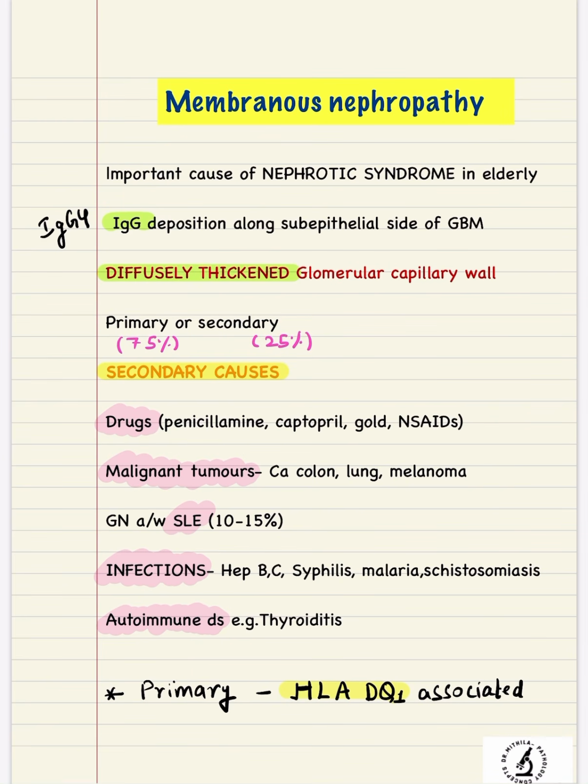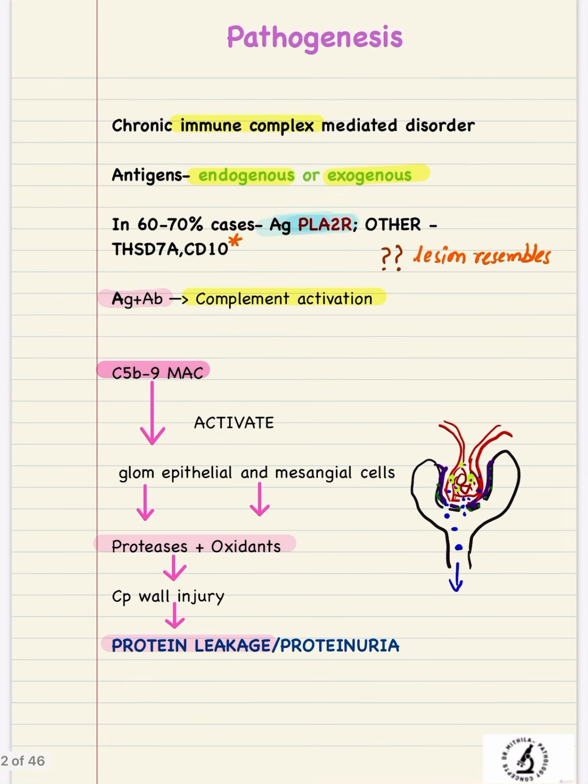In the primary causes, the antigen is present in the kidney, against which there are antibodies. So basically an autoimmune mechanism is there, and it is HLA-DQ1 associated. Again, this is an MCQ. The antigen implicated in the primary form, most commonly, is the phospholipase A2 receptor, PLA2R.